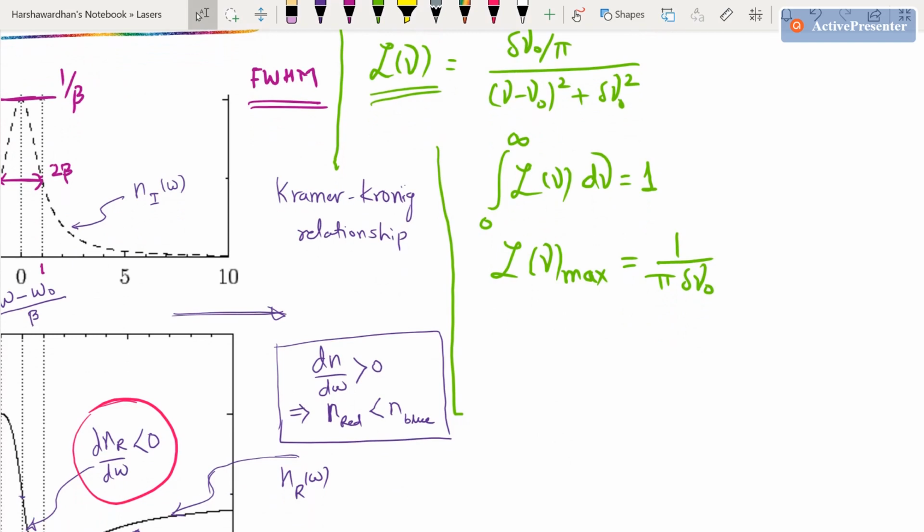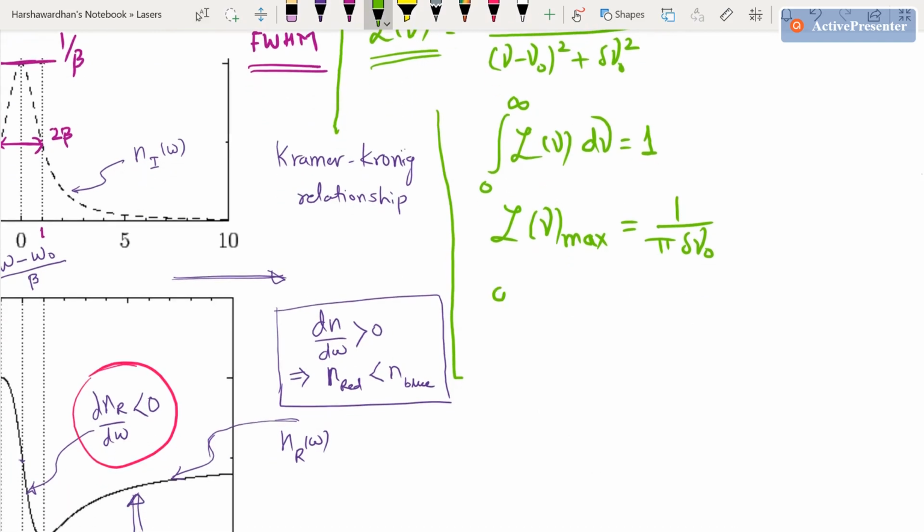And at nu naught plus minus delta nu naught, you get half of the maximum value, which is L at nu naught.